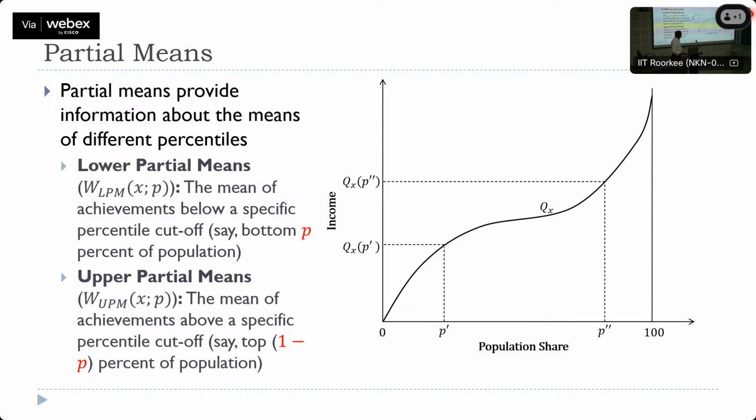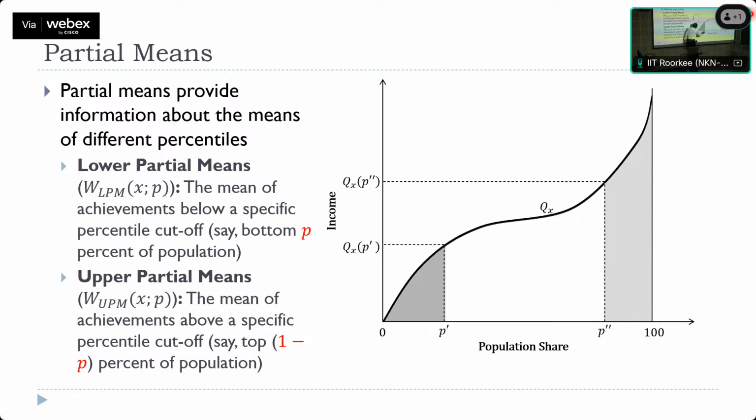So suppose you have these percentiles. This is the percentile corresponding to P prime. This is the percentile corresponding to P double prime. And there you go, you have these two areas. So instead of looking at the entire area, you are looking at the areas of these two. These are all the incomes of the bottom P prime.